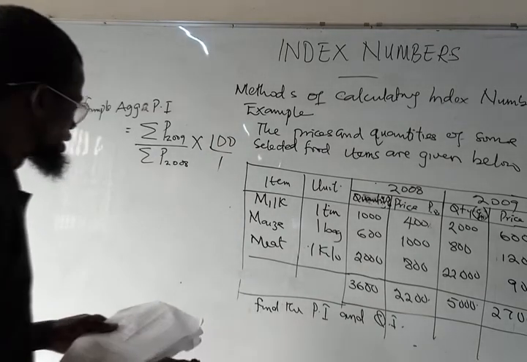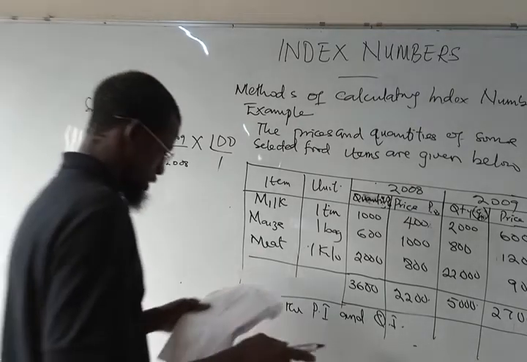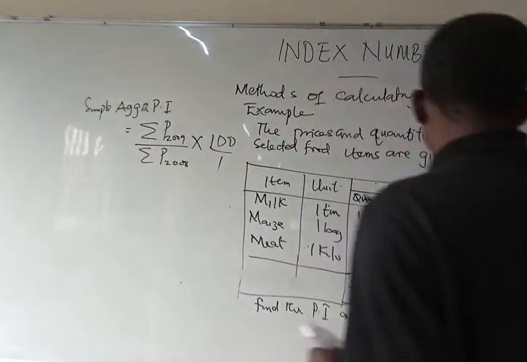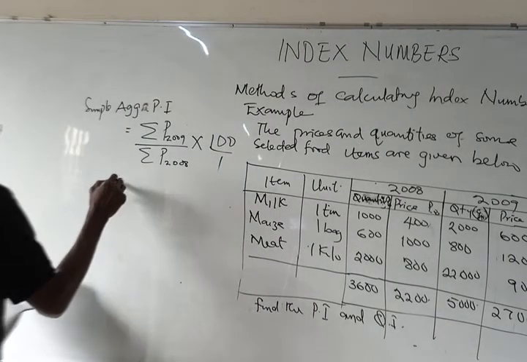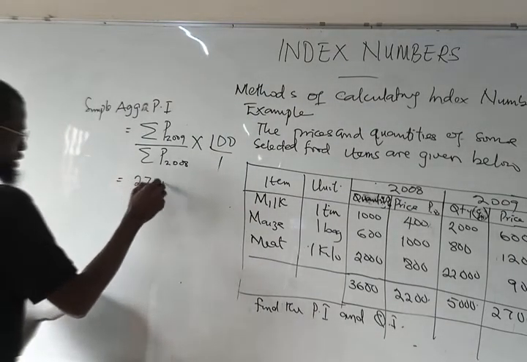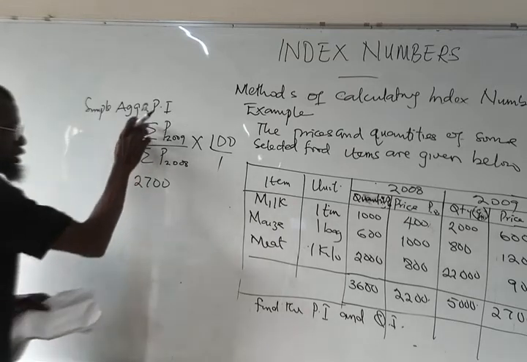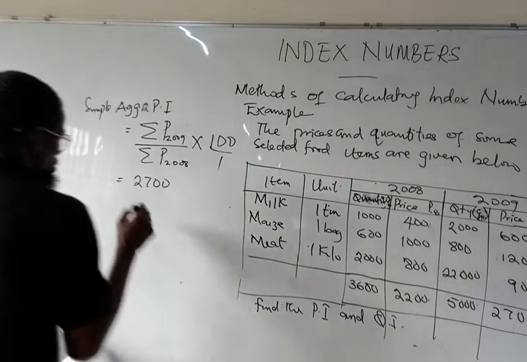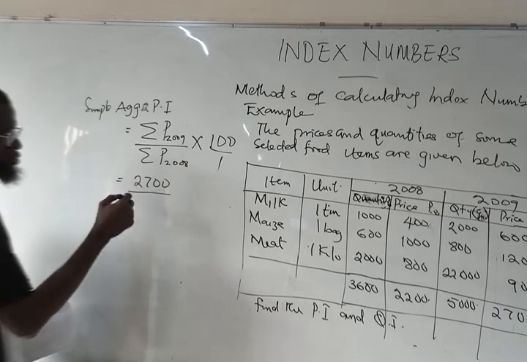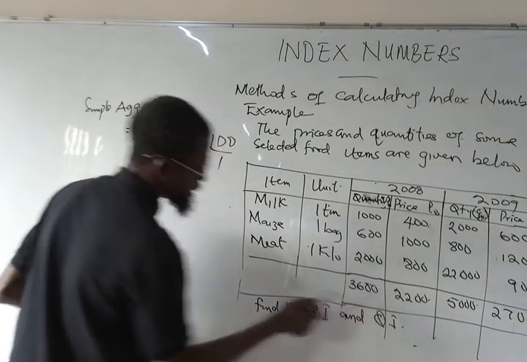If you look at this, we are dealing with prices. For 2009, the price is 2,700. You are not going to put the summation because we've already added them together. Adding them together is what we refer to as summation.